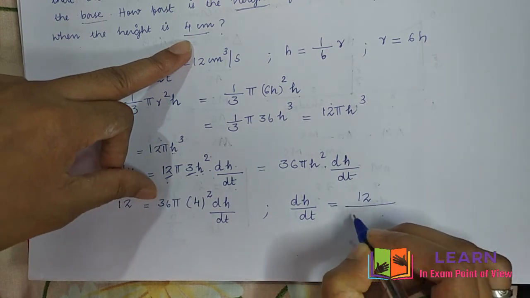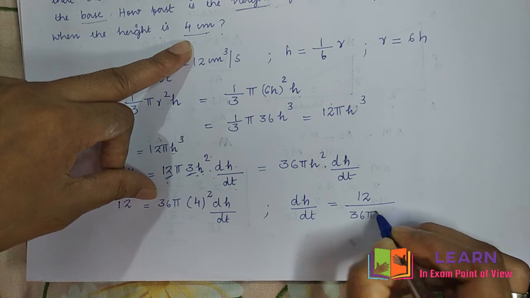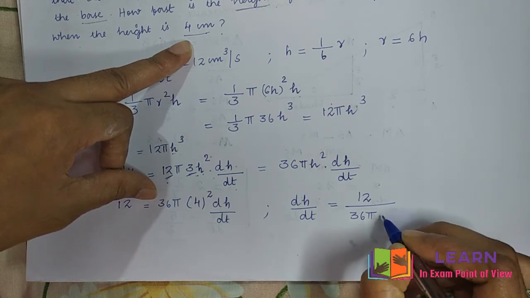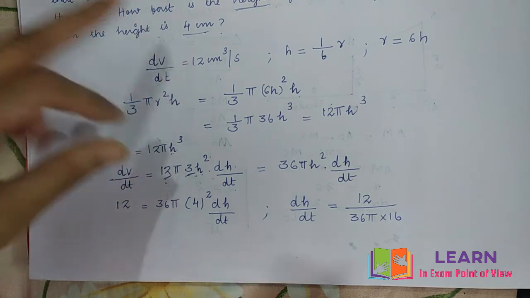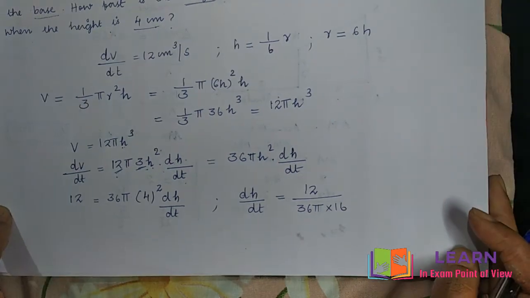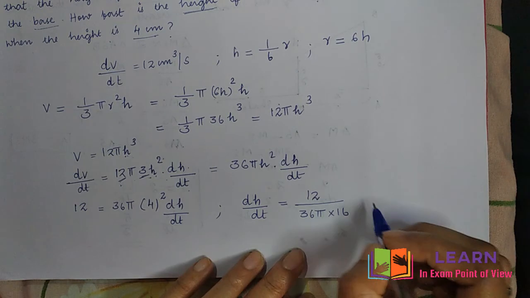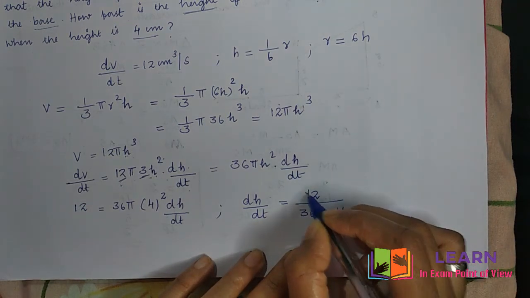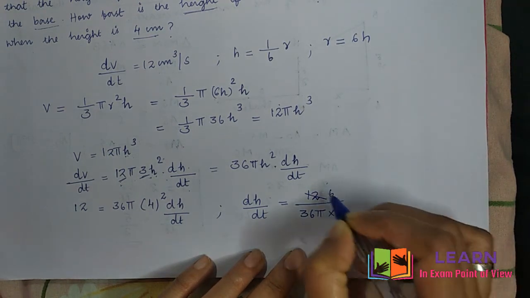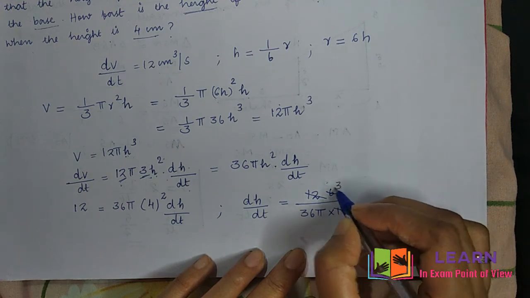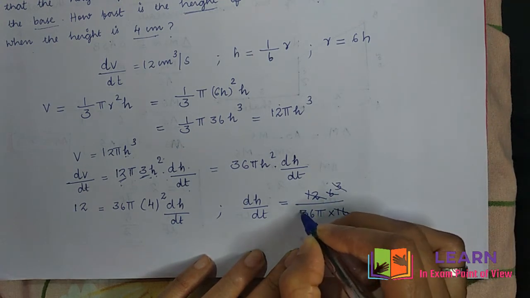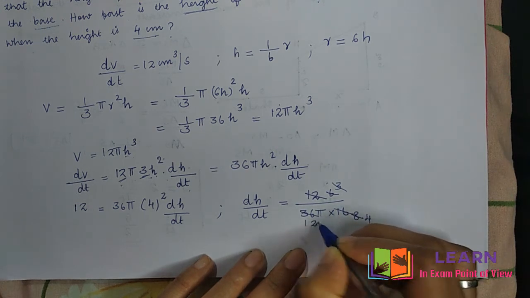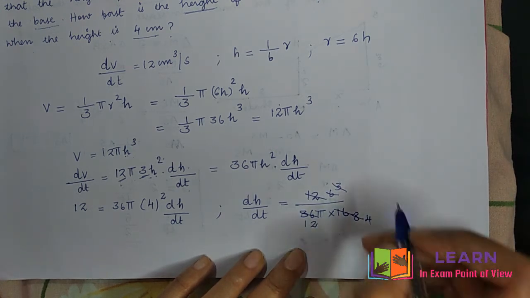That is 12 by 36 pi times 4 square, which is 16. On simplifying, cancelling by 2, 6, this is 8, this is 3, 4, again cancelling, you have 12, 12 into 4 is 48.